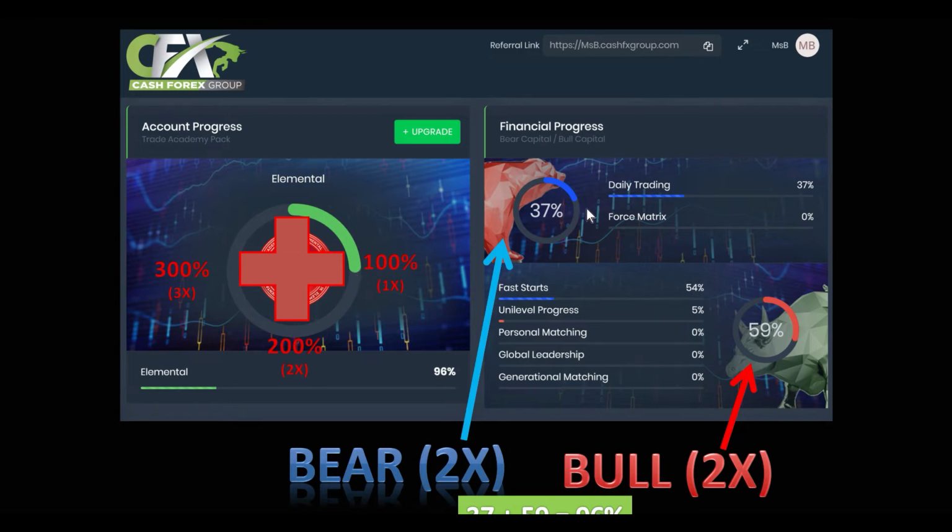As the bear capital pot and the bull capital pot continue to grow, because you have to remember there's different bonuses here. There's bonuses that the bears get, which basically is everyone who ever makes a deposit in this platform and has an active deposit will get the forced matrix bonus, and I'll talk about that shortly. And then also all these other bonuses if you have signed up someone.